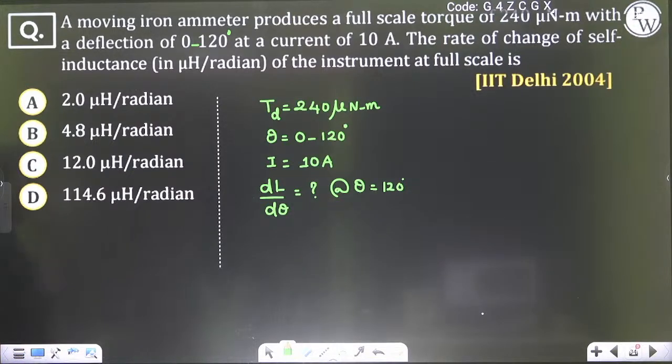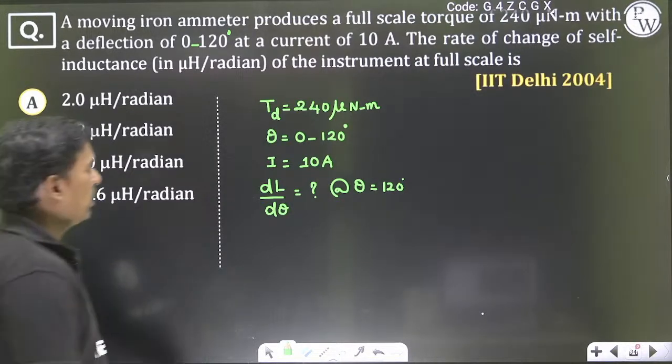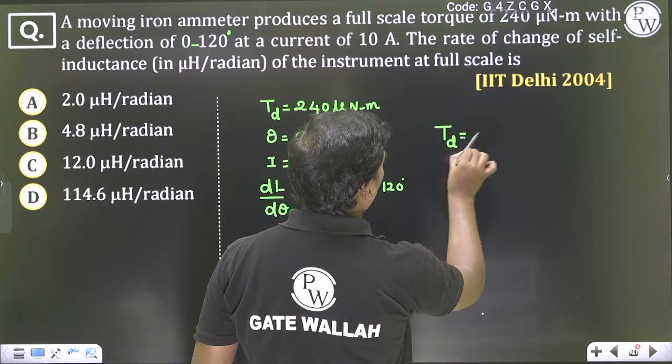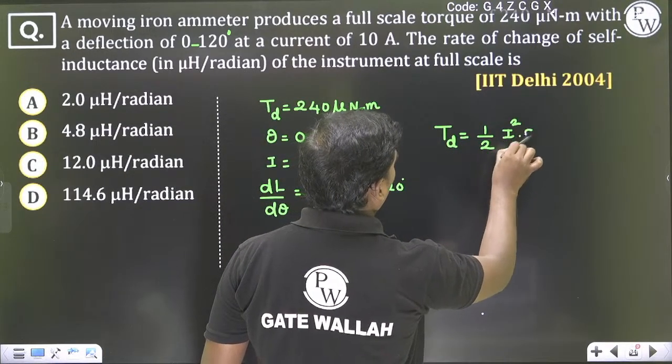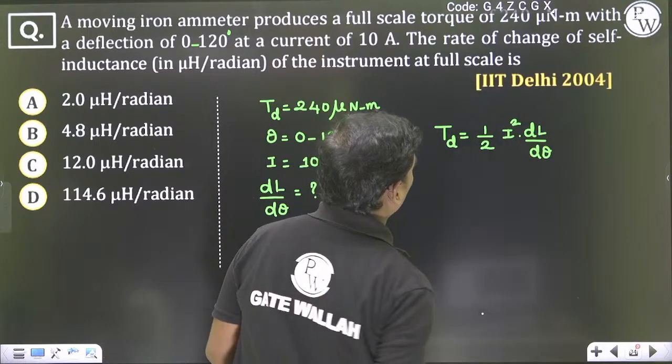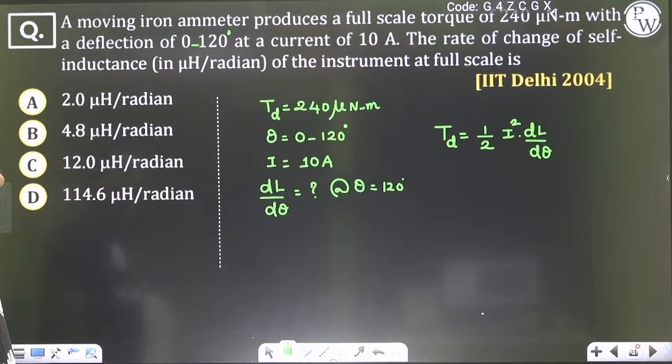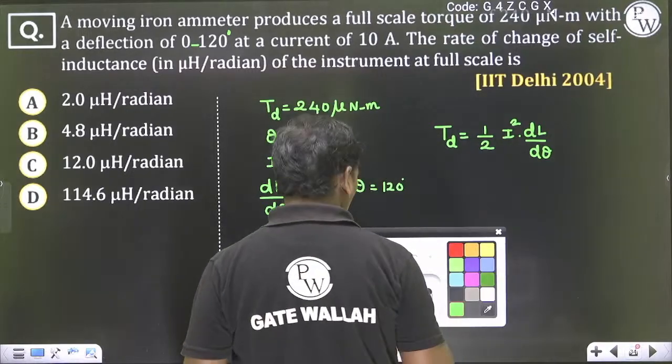So how to solve this? We can write Td is equal to 1 by 2 I square dL by d theta, the expression. The deflection torque is directly given, 240, so we can substitute the values here.